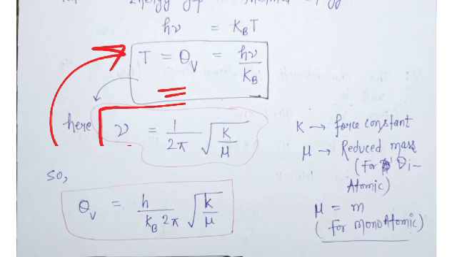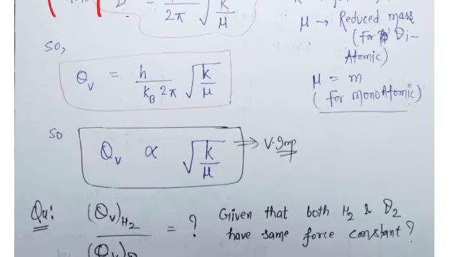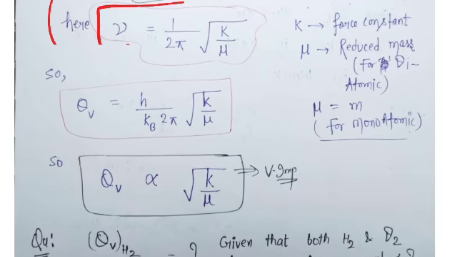So here we can conclude that theta v, the characteristic vibrational temperature, is proportional to root of k upon mu, because these two things are variable and depend on the molecule.